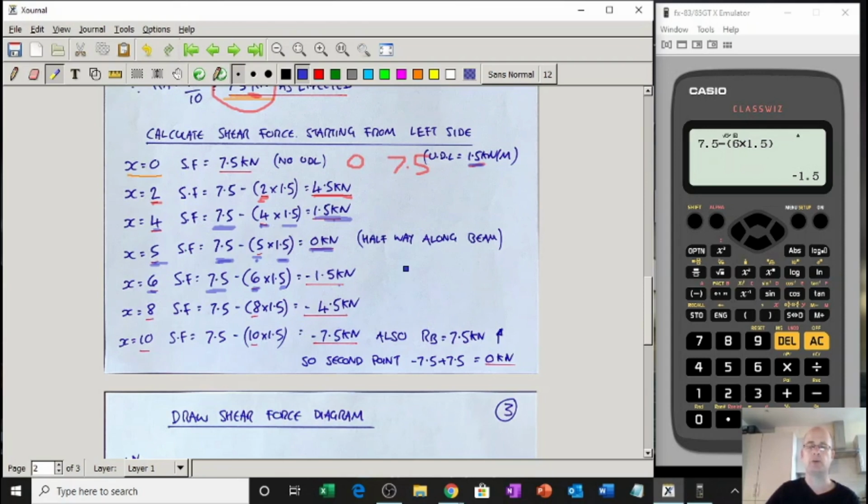Don't forget you can get positive and negative shear, different directions, because beams will bend in different directions. It's not a negative force, it's just a direction. So that's x equals 6. As you will see now, these are very symmetrical. They should come back to naught, which they will.